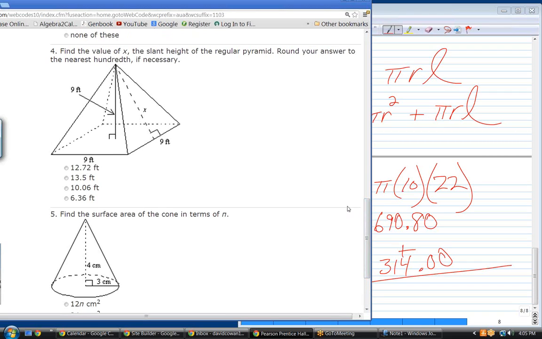Find the value of x, the slant height. Excuse me, that's what I should have been calling it all this time. L is the slant height. Round your answer to the nearest hundredth if necessary. This is actually a fairly easy geometry problem.